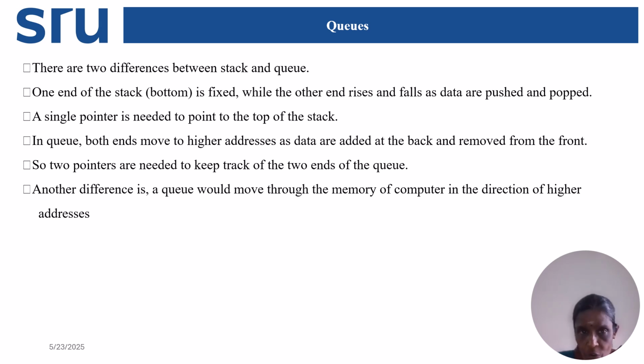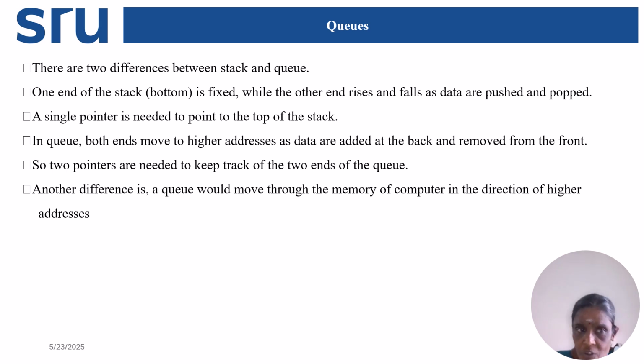But in case of queues, from the two ends we can handle the data. While the other end rises and falls as data are pushed and popped in case of queues. But in case of stack, from the top only we can take the data, bottom is fixed.